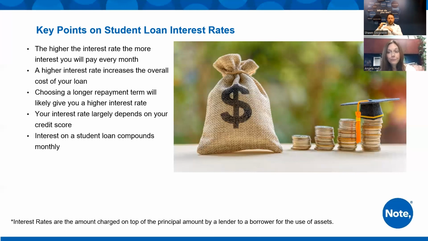But when you look at what you're paying over the life of a 25-year repayment, you could be paying double the amount. If you take out a $20,000 student loan, you could be paying $20,000 or more in interest. Versus if you take a shorter repayment, say 10 years, your monthly payment's going to go up, but the amount you pay in interest is going to go way down. Those are just things you need to consider as you're making those decisions.